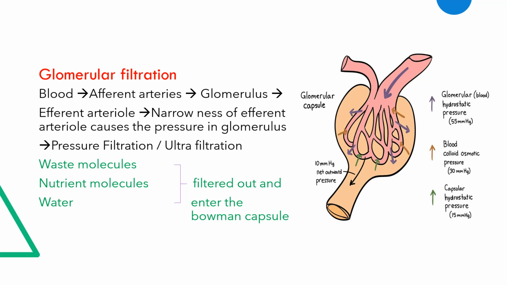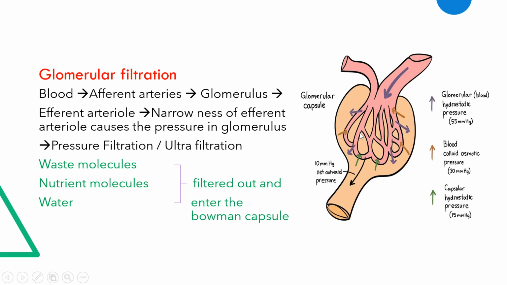Then the first stage is glomerular filtration. See here, this is the Bowman capsule, and this is the glomerulus. So blood from the afferent arteriole enters into the glomerulus.